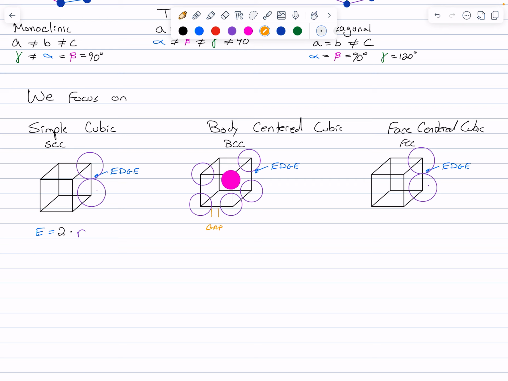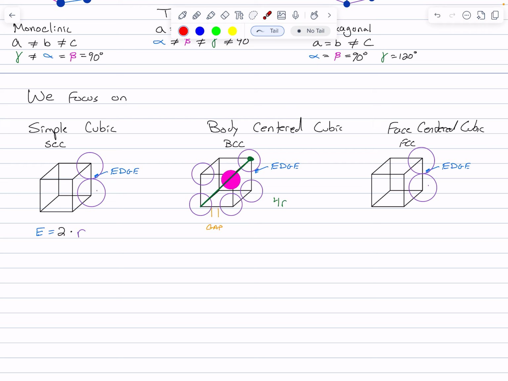But the actual way to get the radius is from diagonal to diagonal. Let's make this a little bit thicker. Diagonal to diagonal. And there are going to be 4 radii on the diagonal, because you're going to have a radius of the corner, the diameter in the middle, and a radius in the corner.